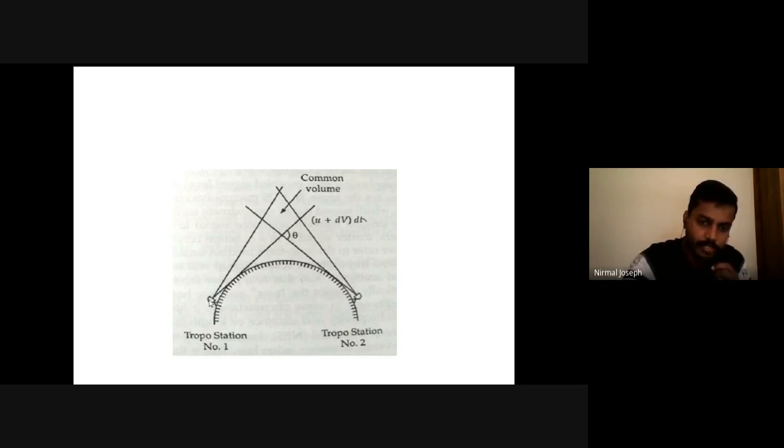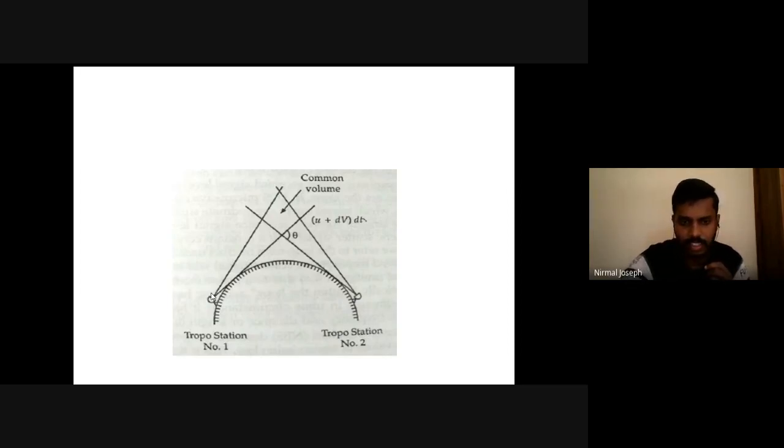So if the wave is getting reflected from that common volume, definitely it will come here, and vice versa.